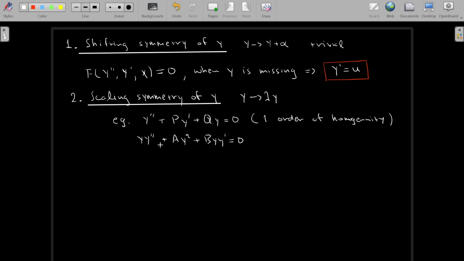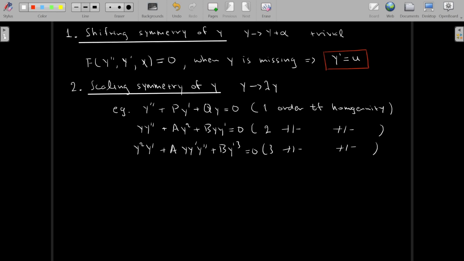So y and its derivatives here are of second order. Another example can be, let's say, y squared y prime plus, I don't know, a y y double prime plus b y prime to the third is equal to 0. This is third order of homogeneity, and so on and so forth, right?